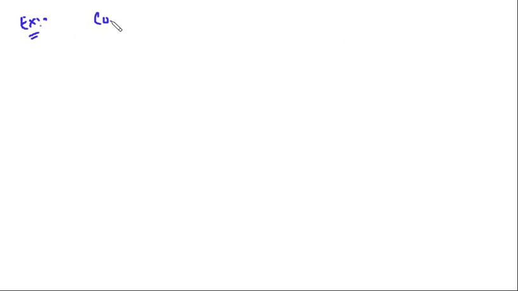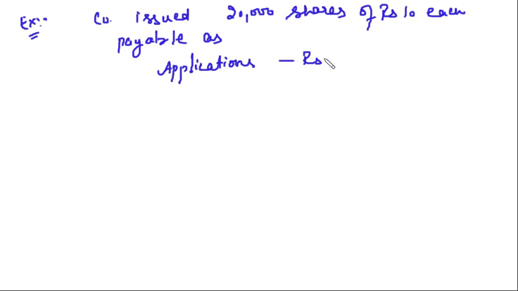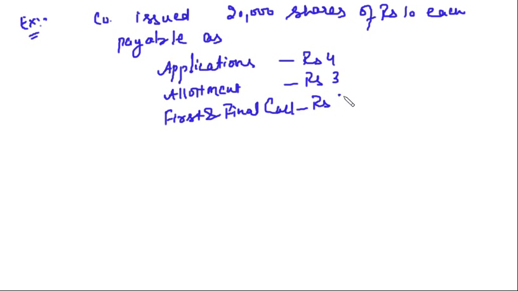Company issued 20,000 shares of rupees 10 each, payable as, you can write down this example, payable as on application rupees 4, on allotment rupees 3, and on first and final call rupees 3.